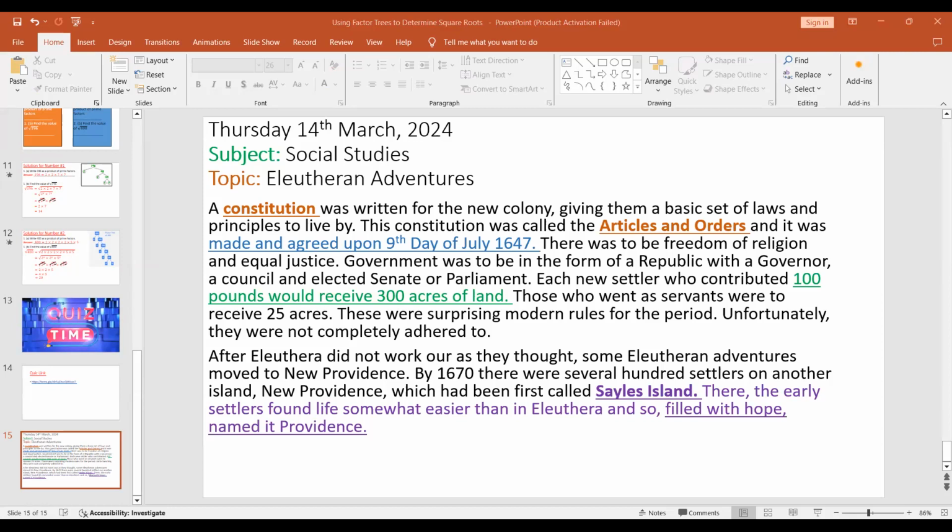Providence means a guardianship and care provided by a deity or God. A manifestation of divine care or direction.